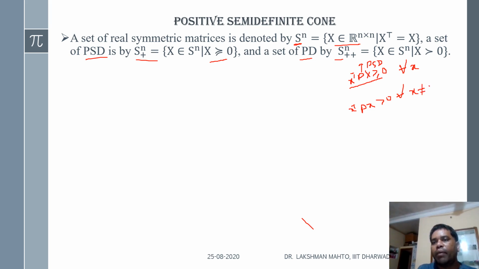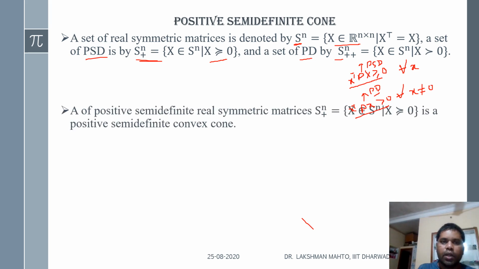Remember, the quadratic form is 0 only for the zero vector. If you take any non-zero vector, define the quadratic form, and find that it is always greater than 0, it means your given matrix is a positive definite matrix. So it is a much stronger property than positive semi-definite.